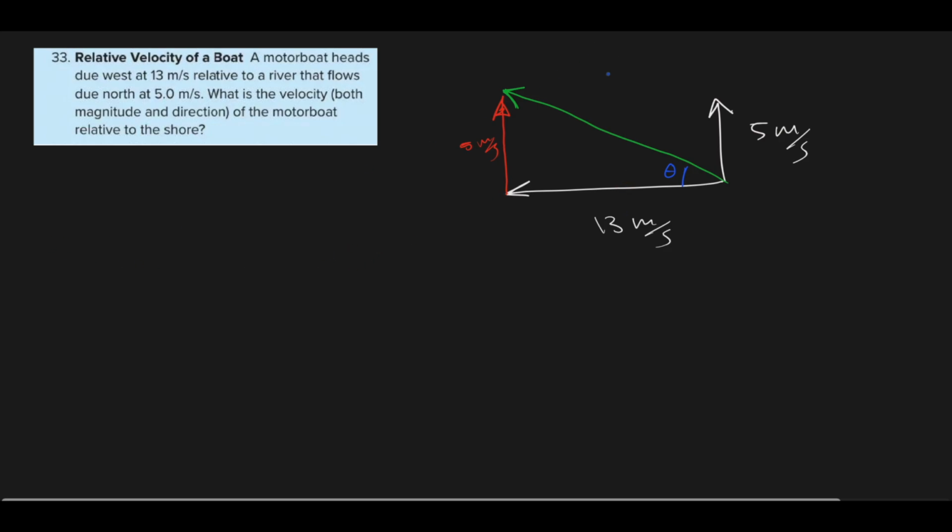To find this velocity, let's call it the velocity of the boat relative to the river, so boat, river. The velocity of boat, river is equal to the square root of 13 squared plus 5 squared, and it's equal to some value. Let's find it.